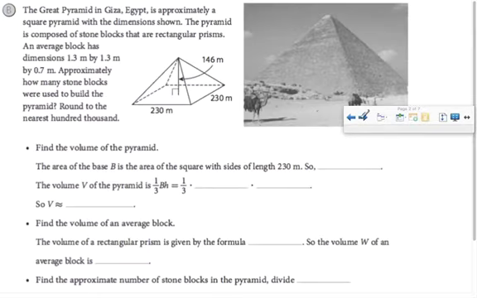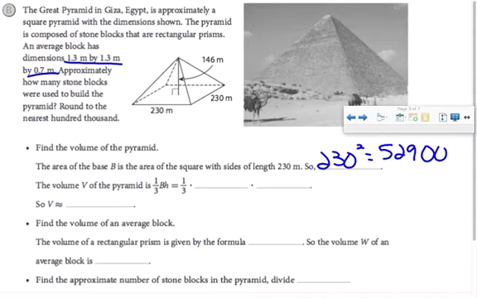Similar idea here. We're going to find the volume of the Great Pyramid of Giza, use the dimensions of an average block, and then find approximately how many stone blocks were used. The area of the base is the area of the square, whose side lengths are 230. So 230 squared, let's type that into our calculator, 230 times 230, is 52,900 square meters.